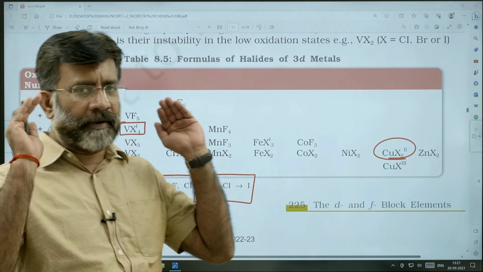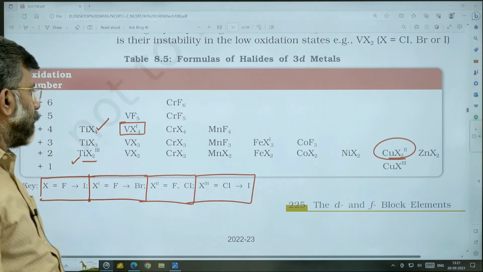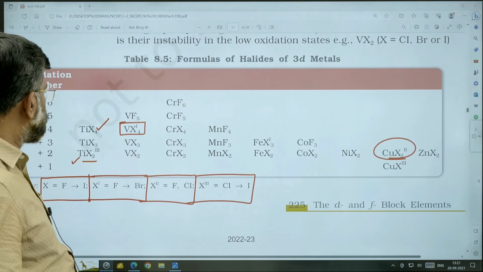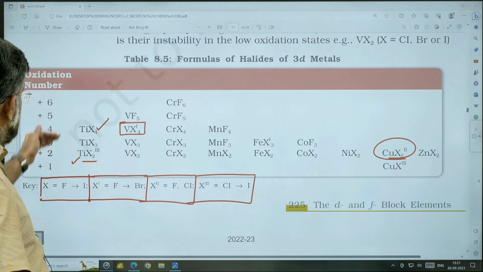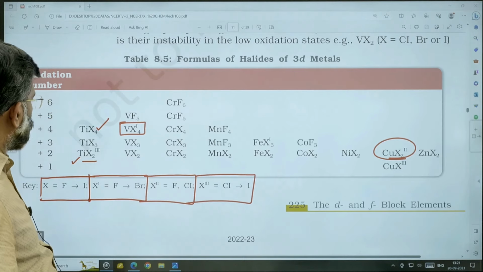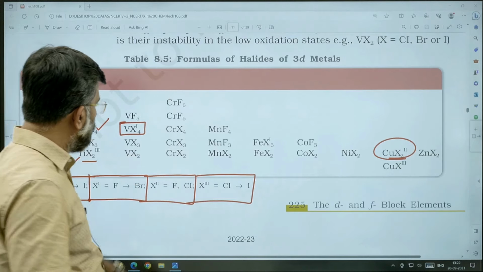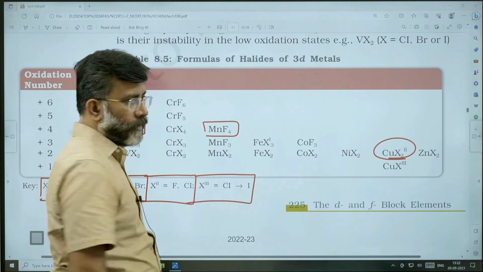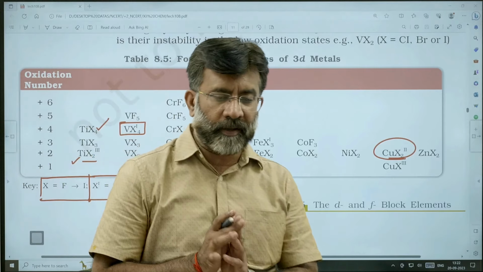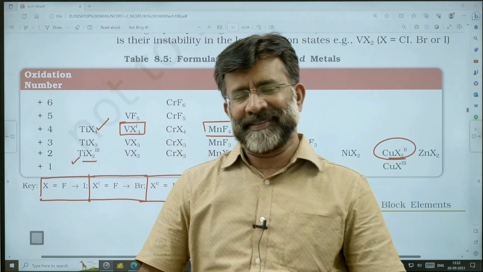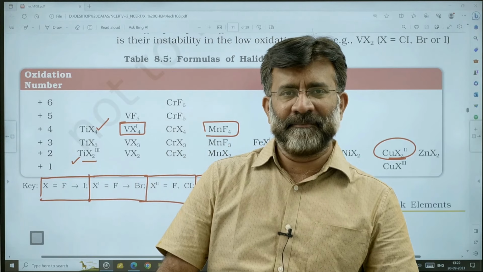So this kind of observation you can see at various points. The maximum oxidation state of titanium is +4. Maximum for vanadium is +5. Maximum for chromium is +6. Maximum for manganese is +4 in halides, though we know the maximum oxidation state of manganese is +7. The +7 state of manganese is not given by halides.